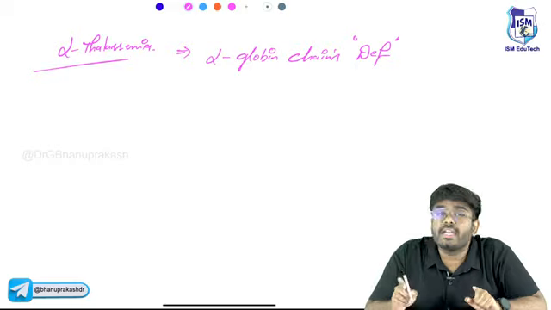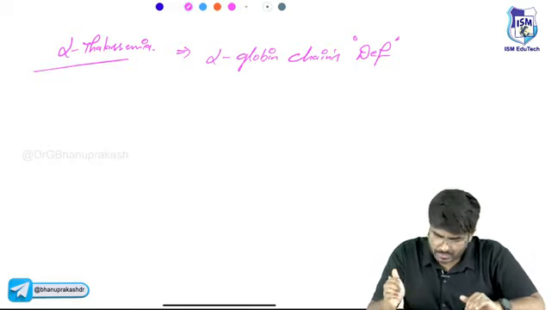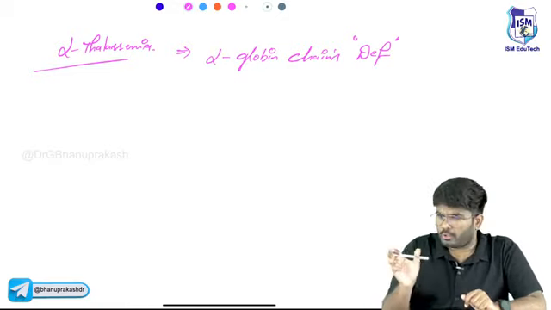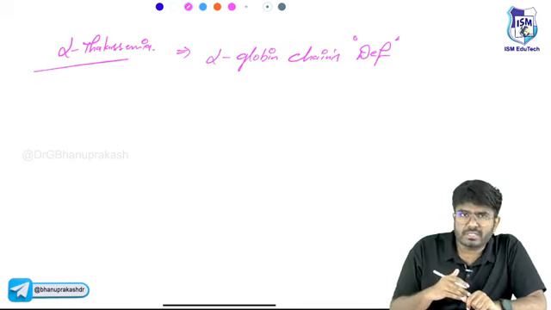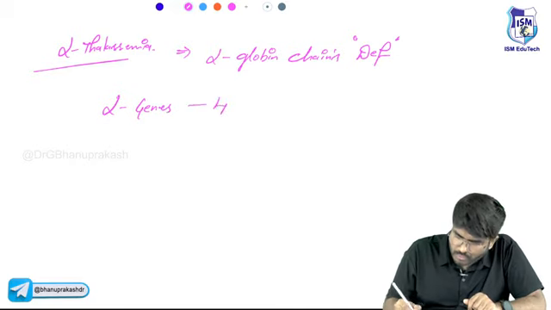So it is a quantitative problem, not a quality problem. The quantity is less. See, alpha globin is a protein, so there should be genes. How many alpha genes are there? There are 4 alpha genes.